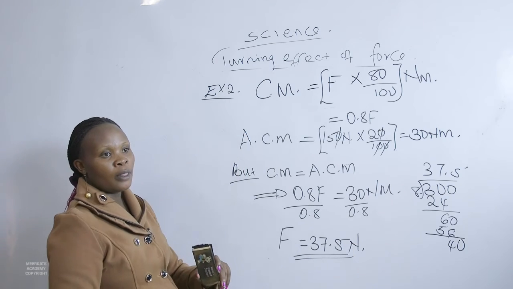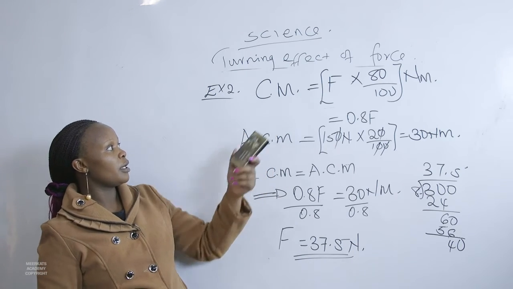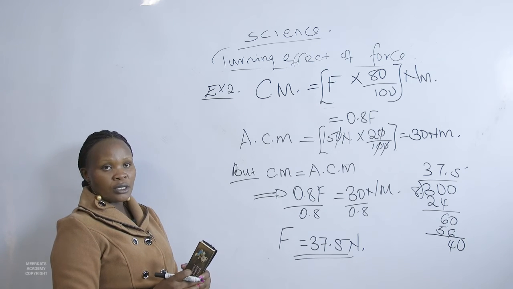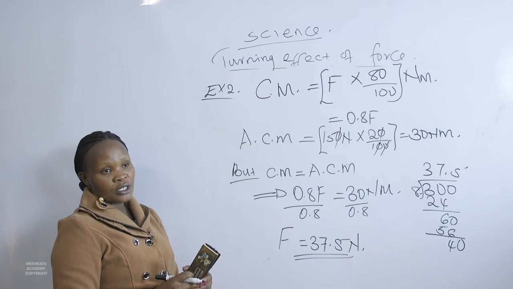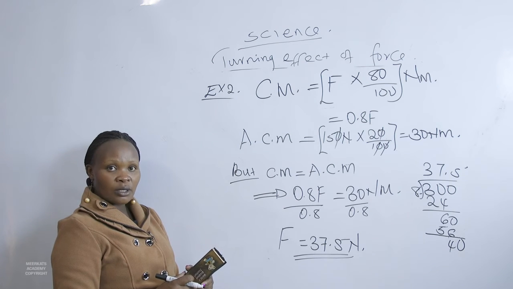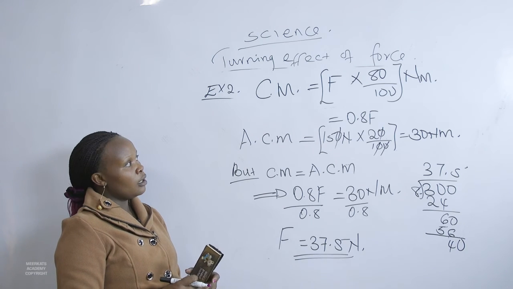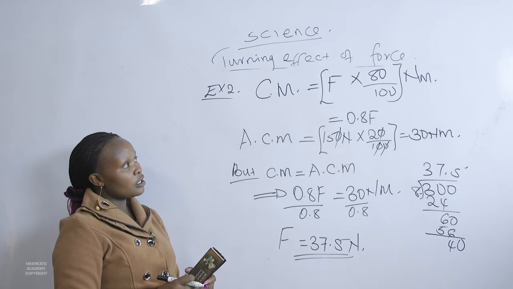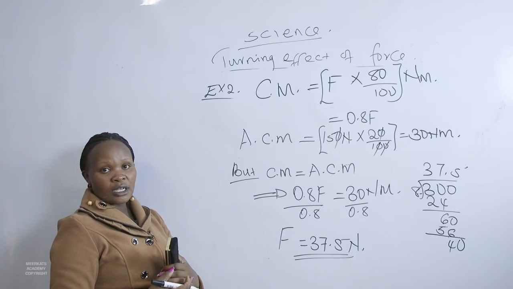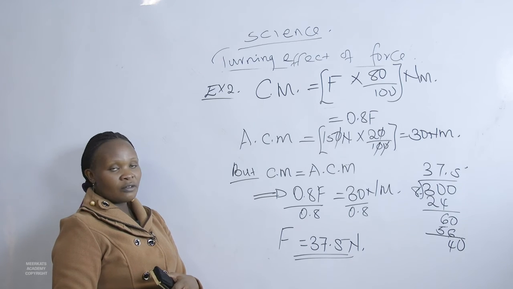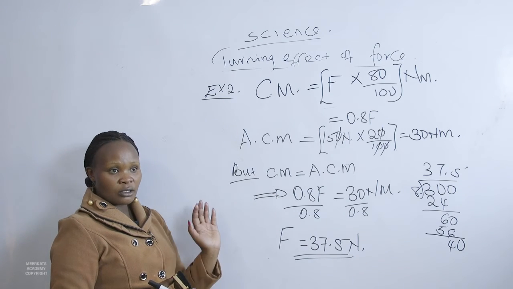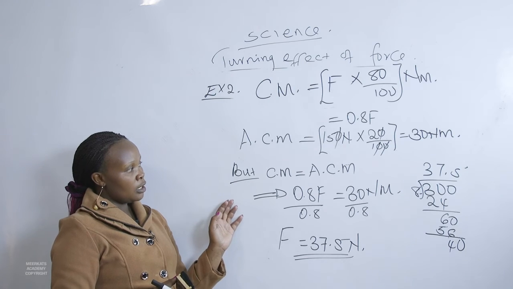newtons. Again, we started by calculating the clockwise moment, which is the moment due to forces which would turn our system in the clockwise direction. That one we calculated individually. We then went to the anti-clockwise moment given by forces that would turn our system in the anti-clockwise direction.